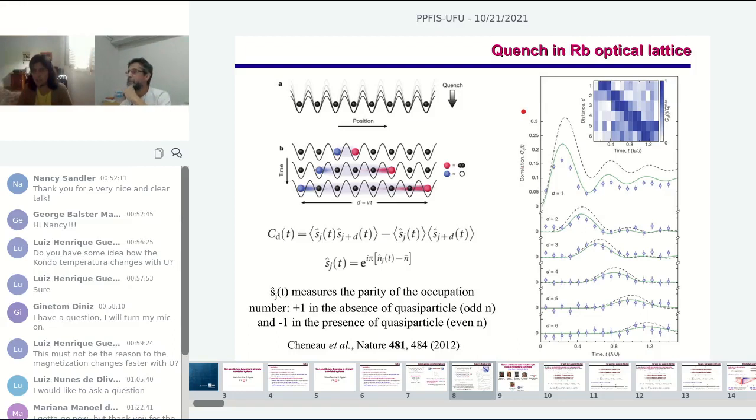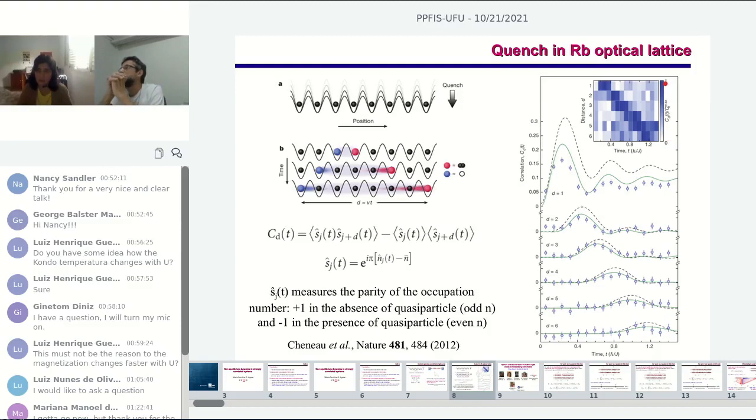So this is the experimental result, correlation as a function of time for different values of the distance between the quasi-particles, and we see that the peak moves towards larger values of time as the distance becomes larger. Okay, we can put all these results here in a color plot.